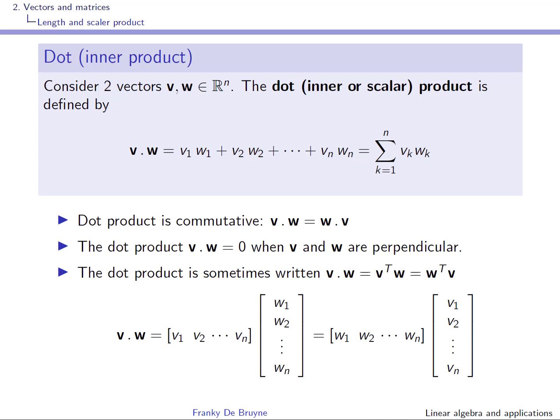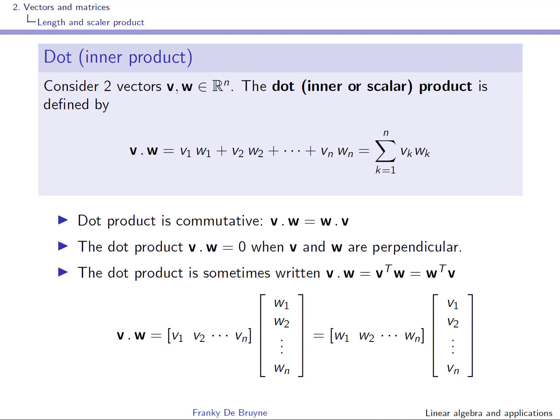Sometimes the dot product is written a little bit differently. So v dot w is the scalar or dot product, but it can be written in terms of vectors. Remember here that the vectors v and w are column vectors.